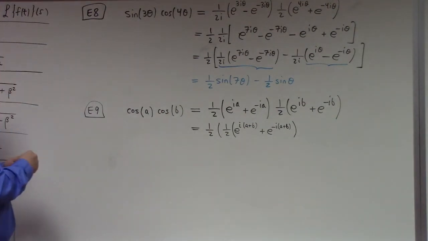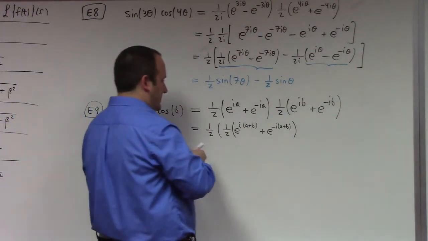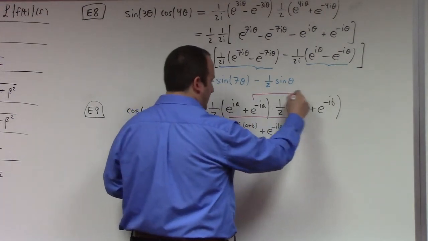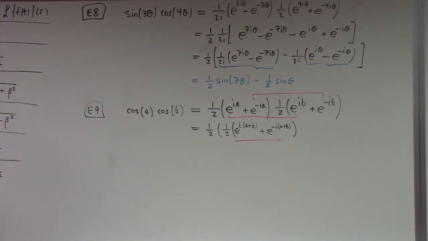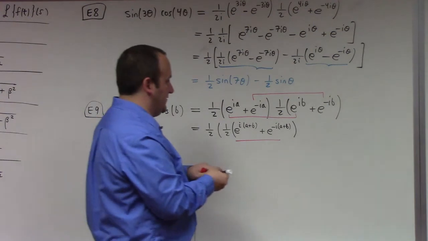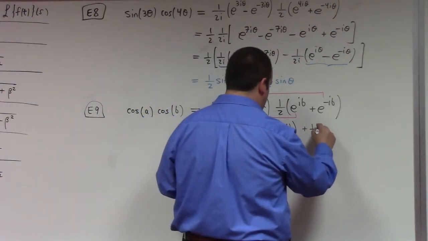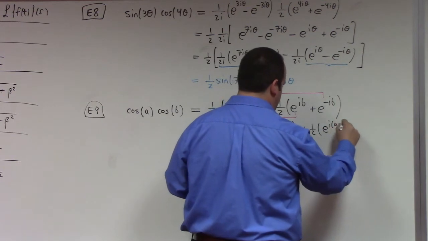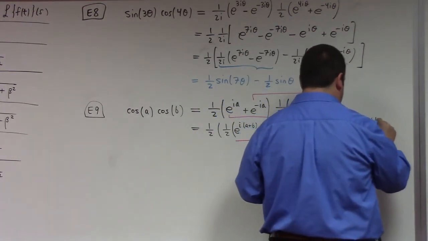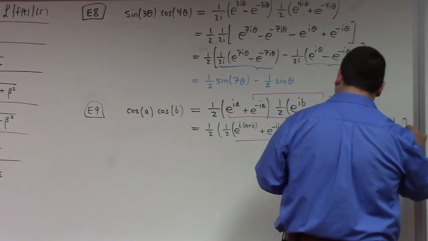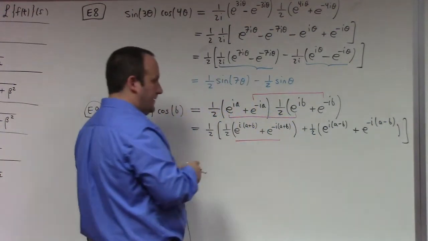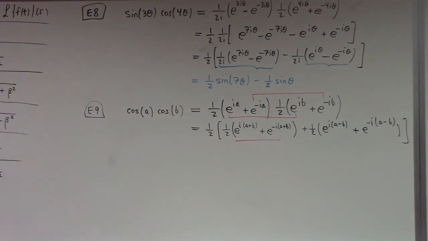Here, let me underline which terms I'm using. That's this times this, and also that times that. Then there's 2 remaining terms, which are based on differences of A and B. So I have plus 1/2 e to the i A minus B plus e to the minus i times A minus B. Anyway, I'm trying to show you guys, this is just about as much trouble to derive the general formula as it is to put 3's and 4's there, right?